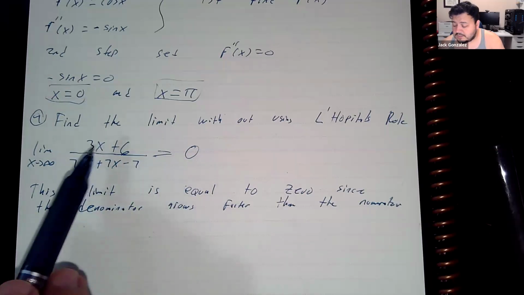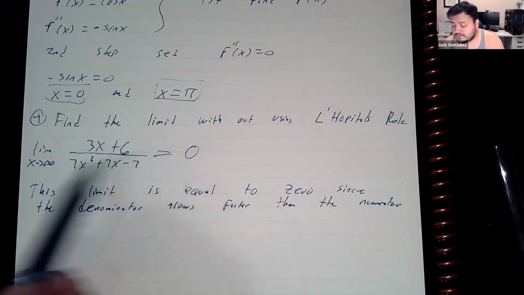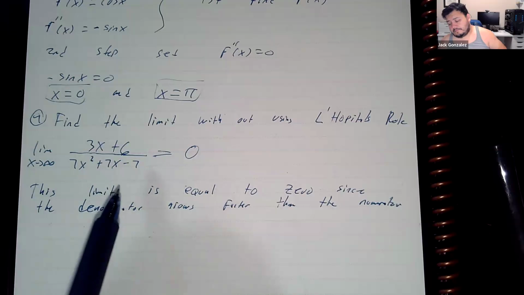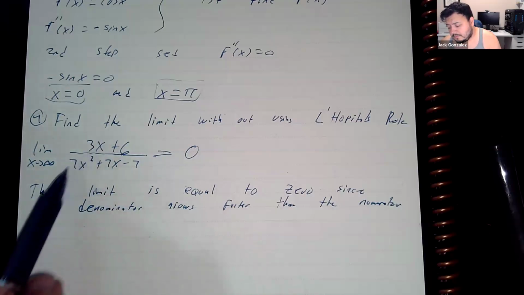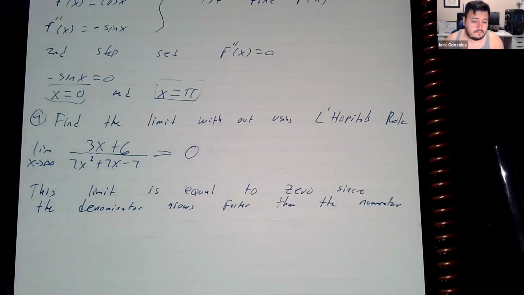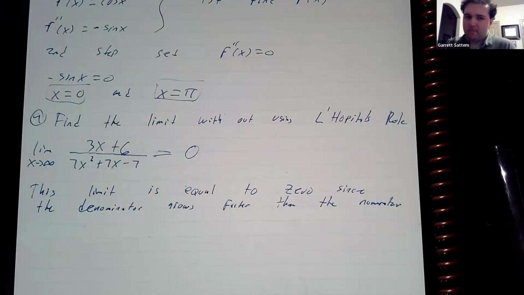If the degree is bigger on top, the limit will be infinity, because it'll just keep growing. If they're equal, you have to look at the leading coefficients. So that's how we find it.